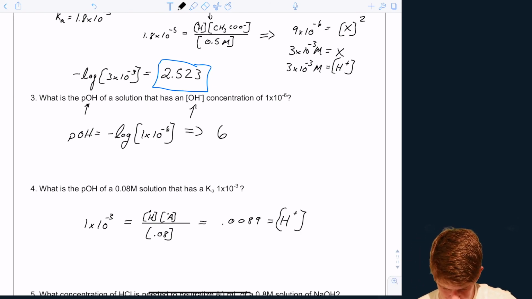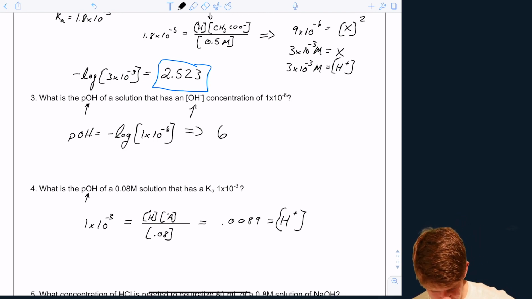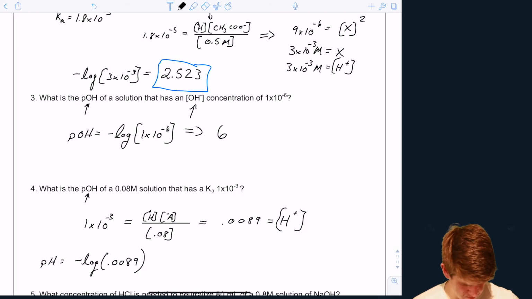So now, what am I going to do? Well, I'm looking for the pOH. There's a number of different ways, of course, but I'm just going to take this number and do the negative log, so pH is equal to negative log of 0.0089. That is 2.051.